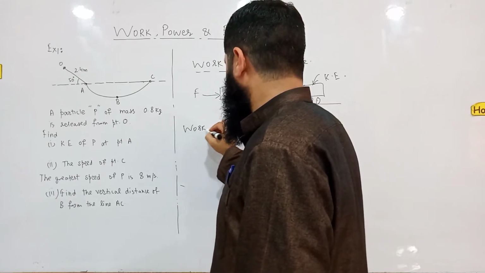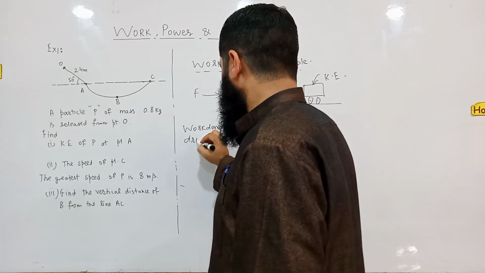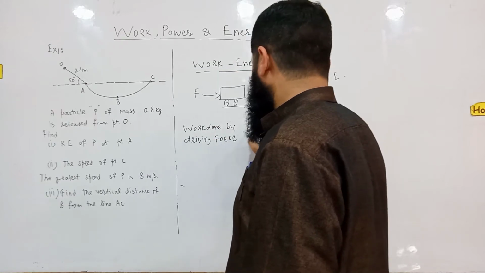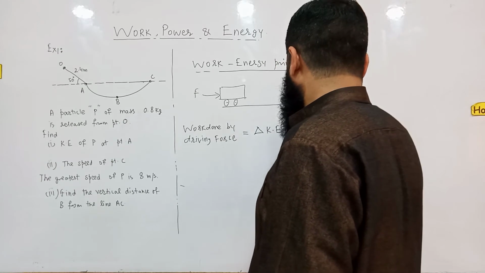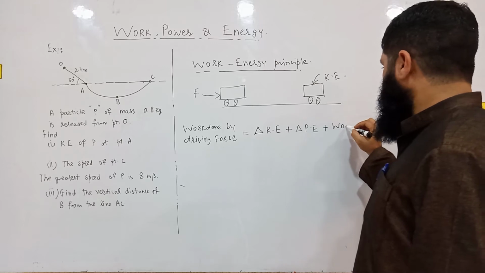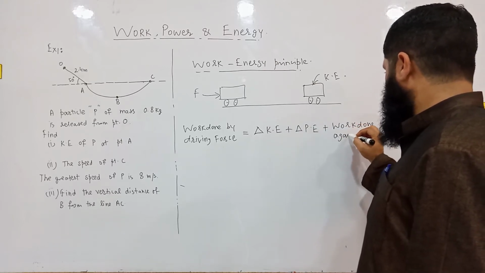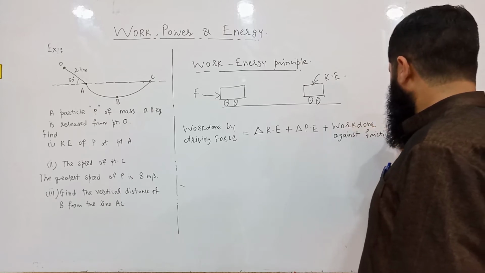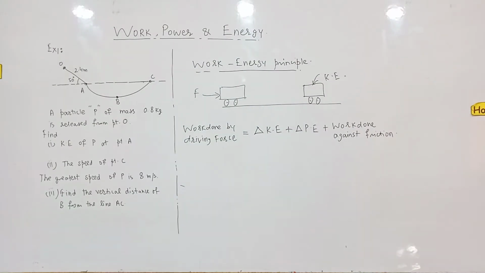Work done by driving force is equal to change in kinetic energy plus change in potential energy plus work done against friction. We will be using this equation in our upcoming examples.